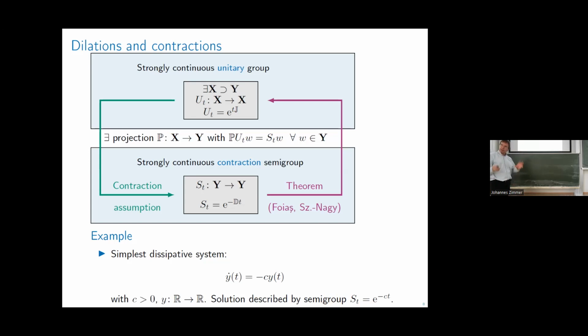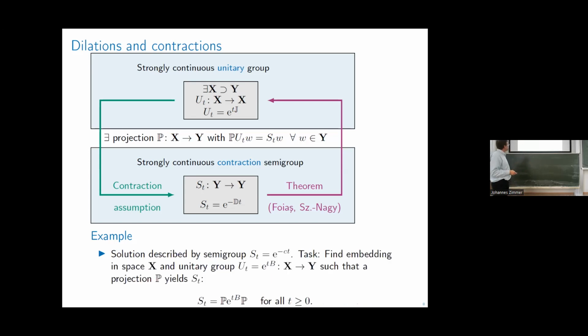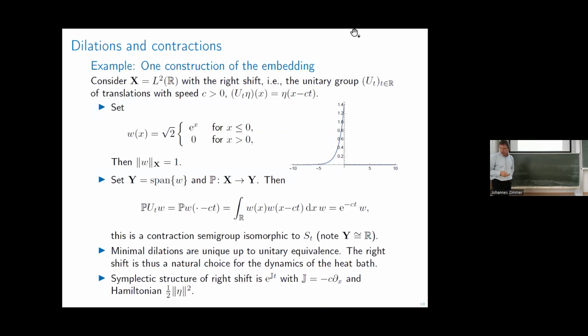And how do we do this? That will be important, so let me explain the model we are going to use. I'm trying to find this unitary group which embeds this e to the minus ct semigroup, such that, again, the projection of the big group gives the small one. How do I do this?